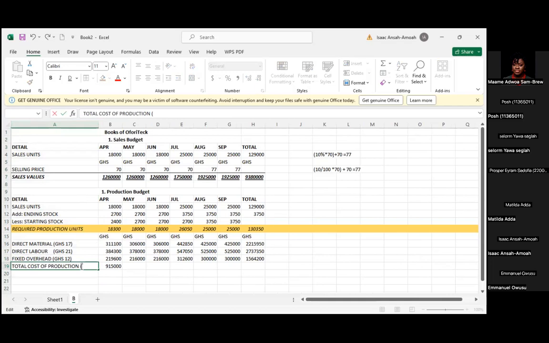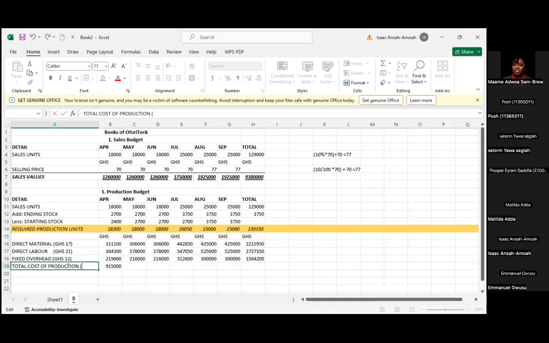Anyways, that one is easier. Having to go through this plus this plus this, it's long. But you could just have mentioned that your total cost of production per unit is 17 plus 21 plus 12. How much do we get?